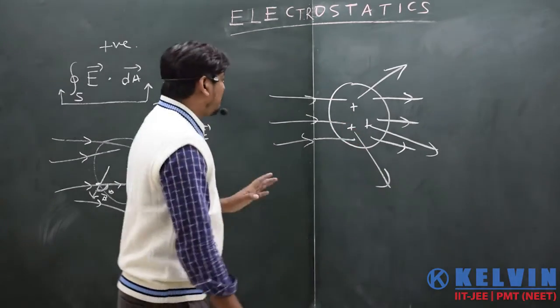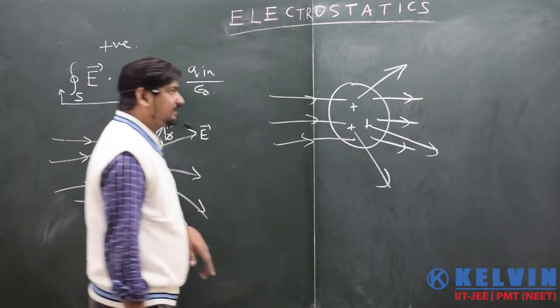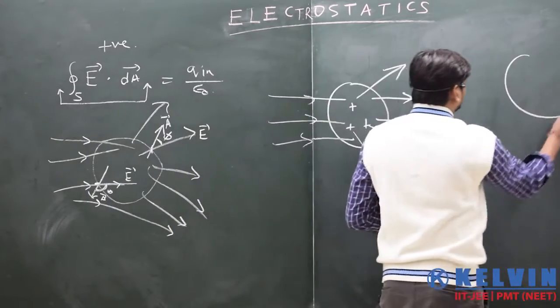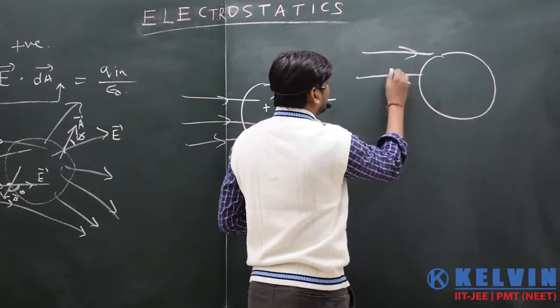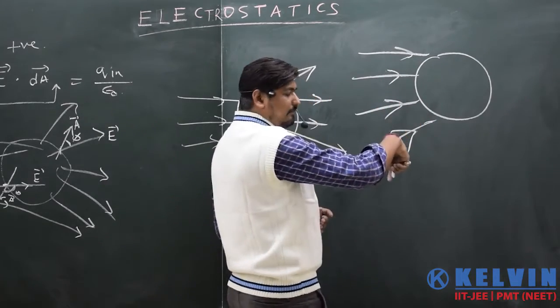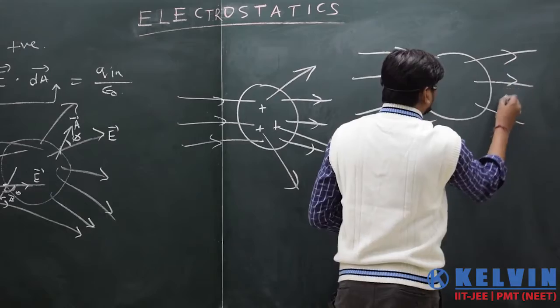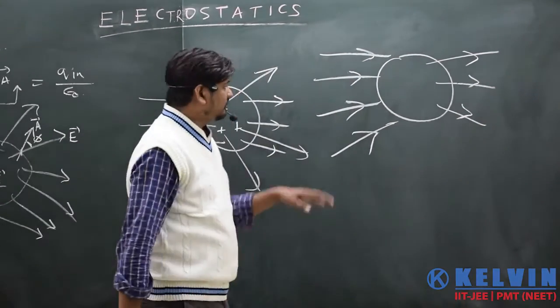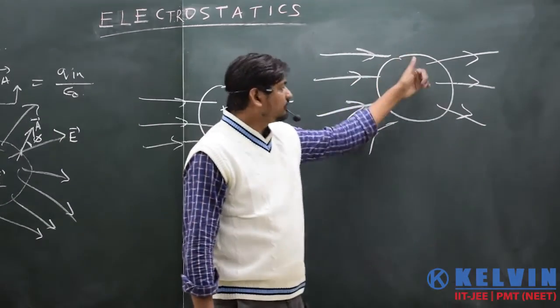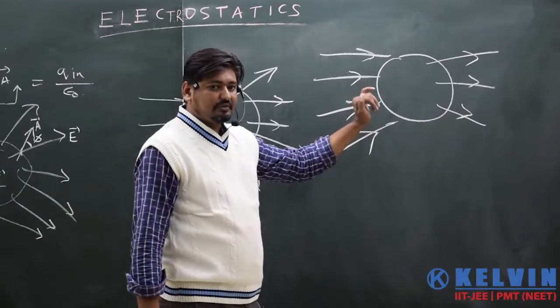the charge enclosed inside the surface will be positive charge, right? And what if the number of field lines going inside the surface is larger, while the number going outside is smaller? So going inside is 4, going outside is 3 only. How will you interpret this situation?